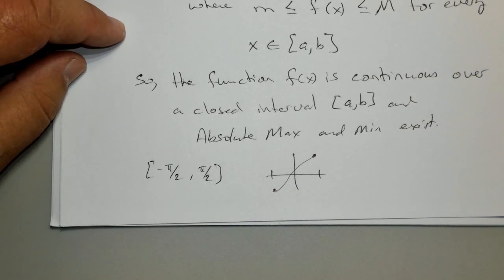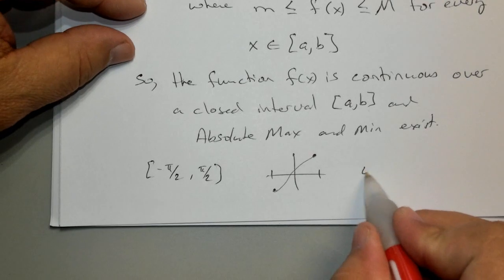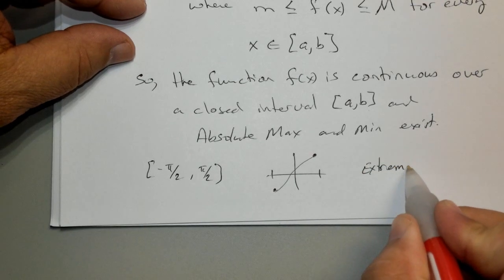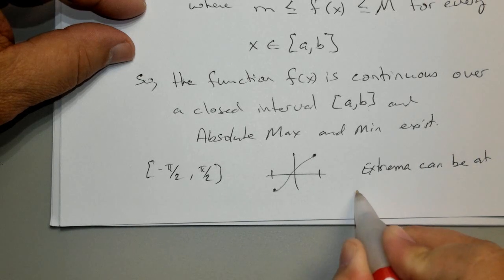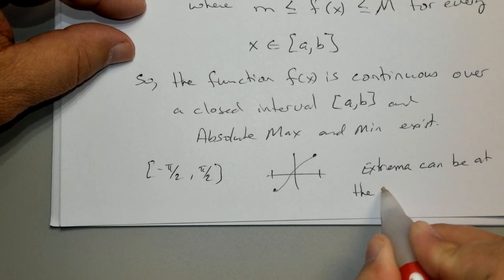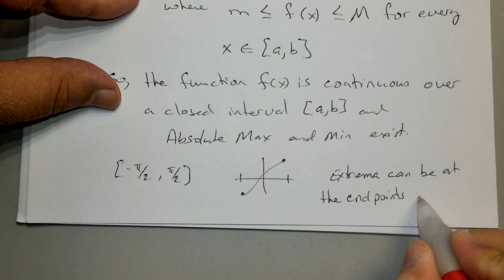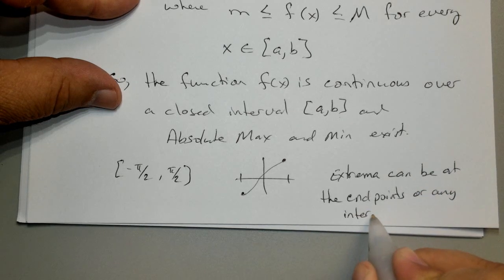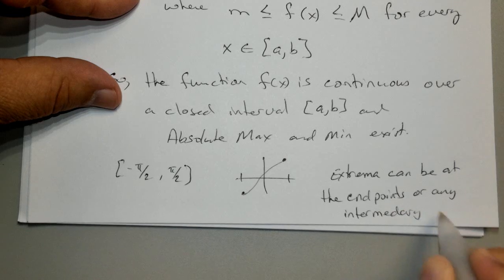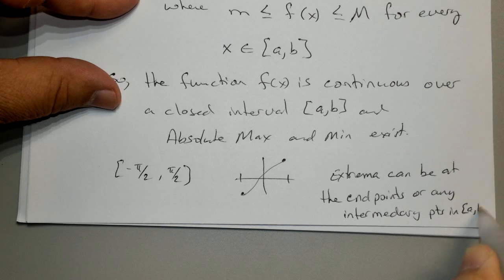The extrema points could be at the endpoints or at any intermediary point between there. The extrema can be at the endpoints or any intermediary points in the closed interval AB.